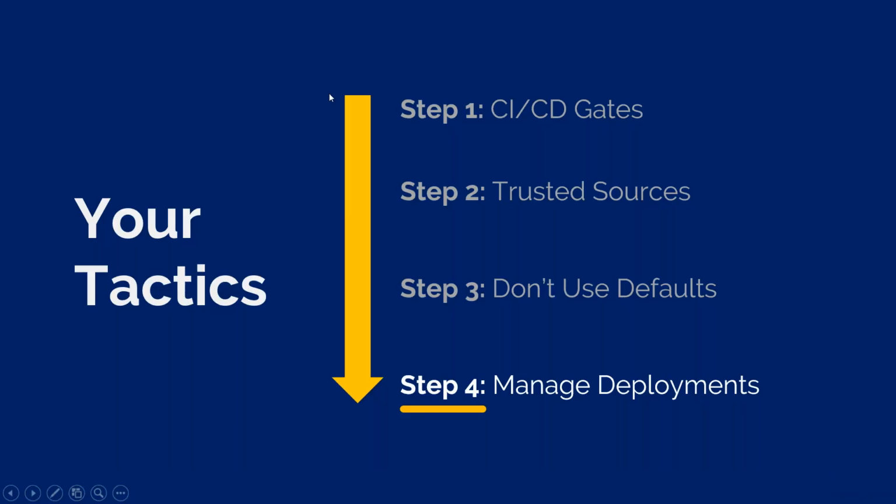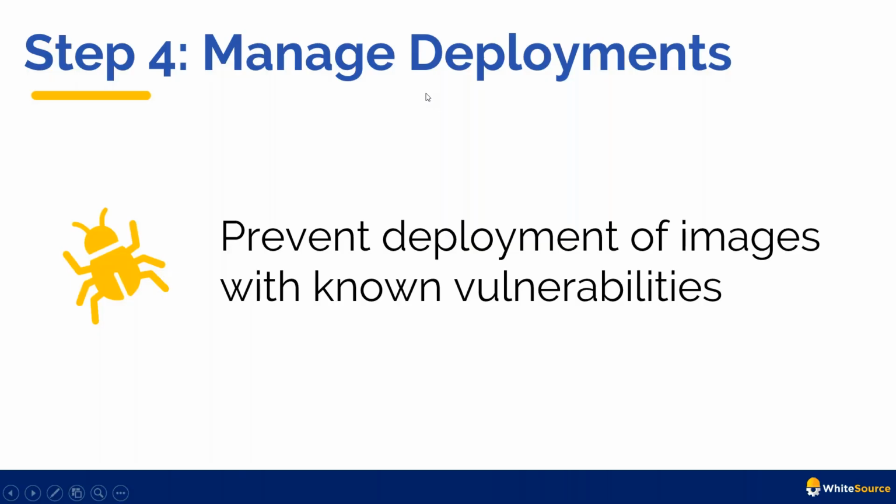The next one is manage deployments. So this is the last step actually, and I think it's the most important or probably one of the important ones. Manage deployments actually means that also in production, I make sure to have the security processes as they should be.